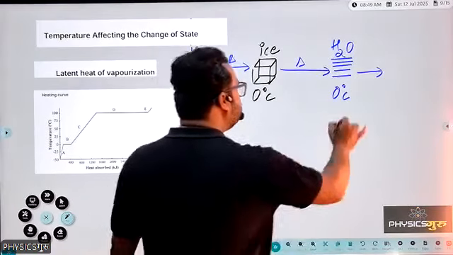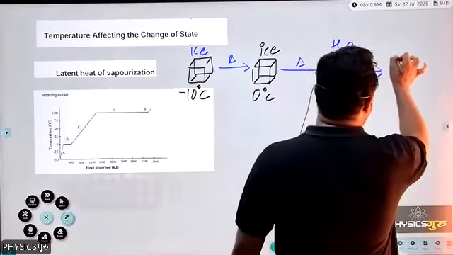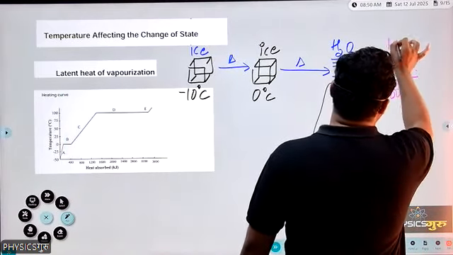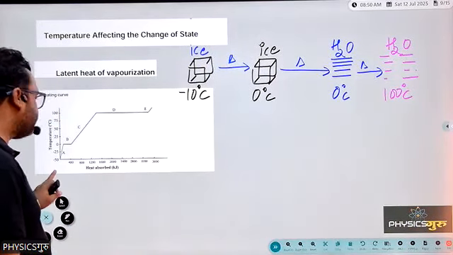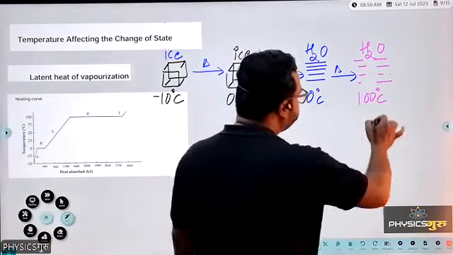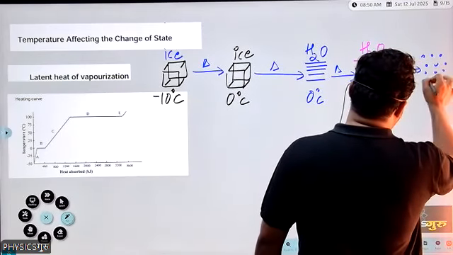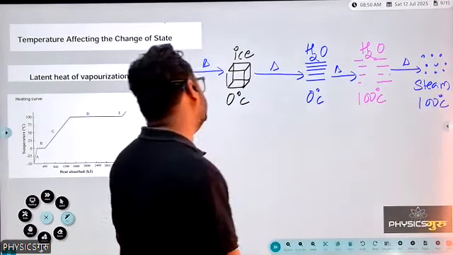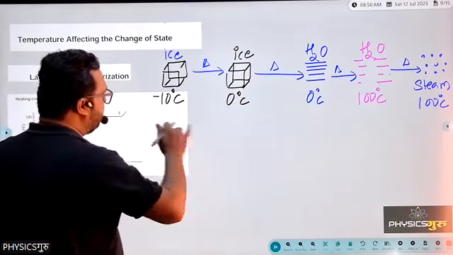When you further heat, this water will convert into 100 degree centigrade water. When you further heat, this water will convert into steam of 100 degree centigrade.